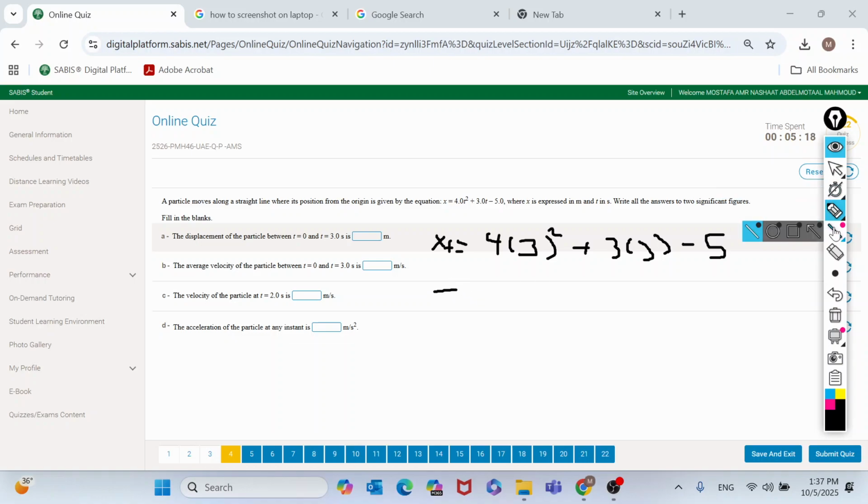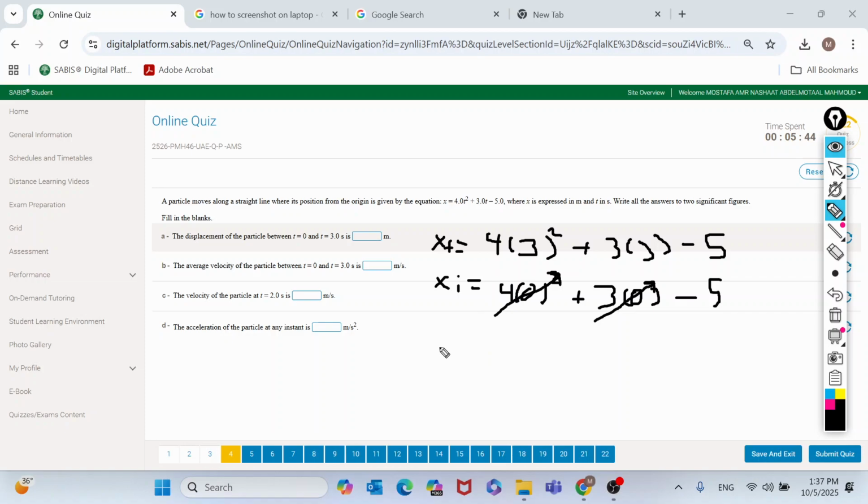No, let's just find x initial first. X initial, you can tell it's gonna be negative 5 because t is 0, so 4 times 0 squared is 0, plus 3 times 0 is 0, minus 5, so it's gonna be negative 5.